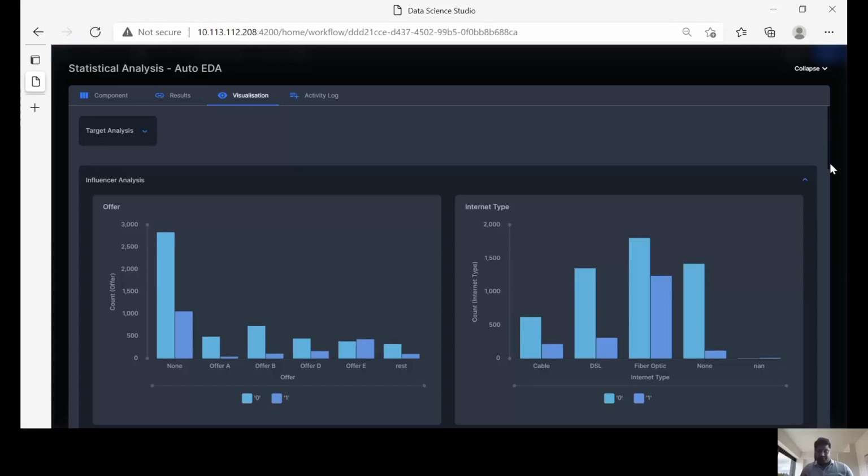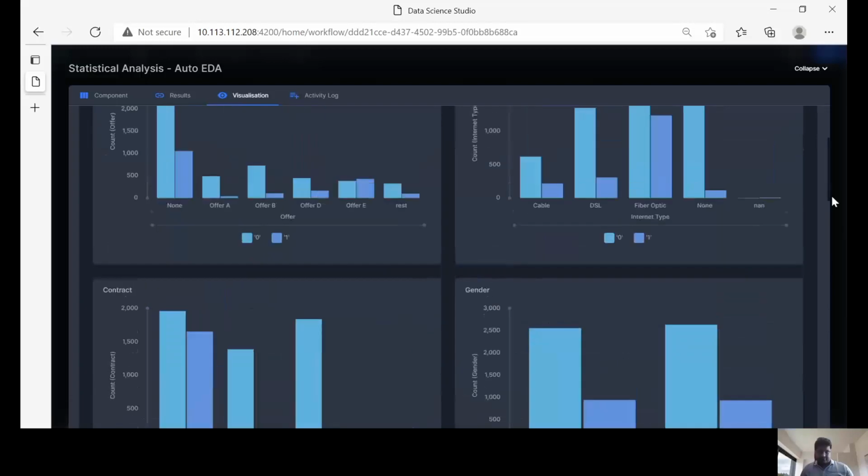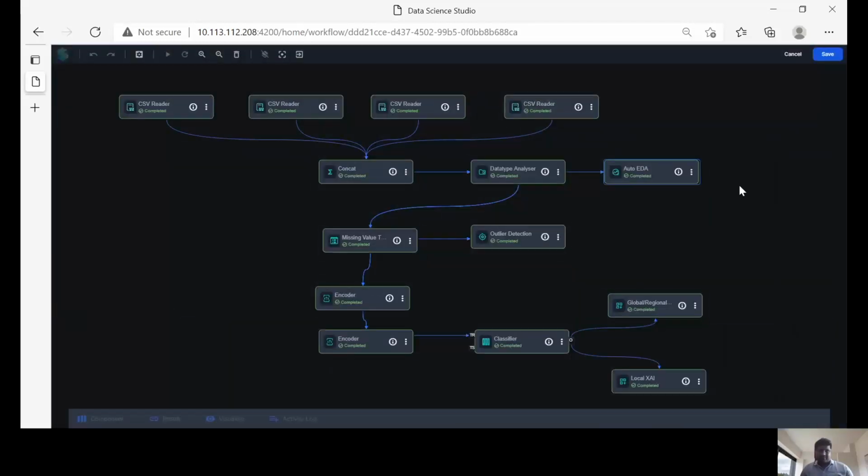Okay, similarly, we have these additional influencing charts that will help us understand which variables have what level of influence on the past churn behavior. I think this analysis is mostly to help you decide which variables you should definitely make part of the machine learning and which variables you may exclude in order to keep the model very simple. I'll not go over all the operators here, but some of the next set of operators that we have used are to make sure that the data is void of any issues such as outliers or missing values.